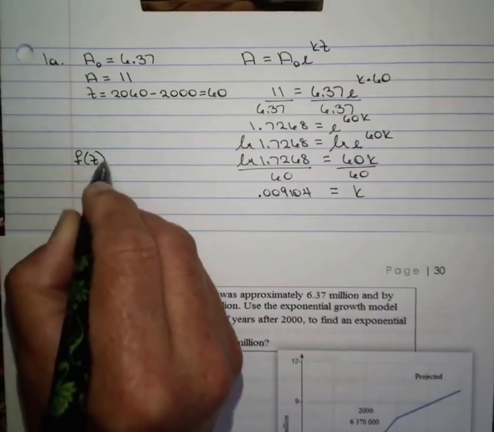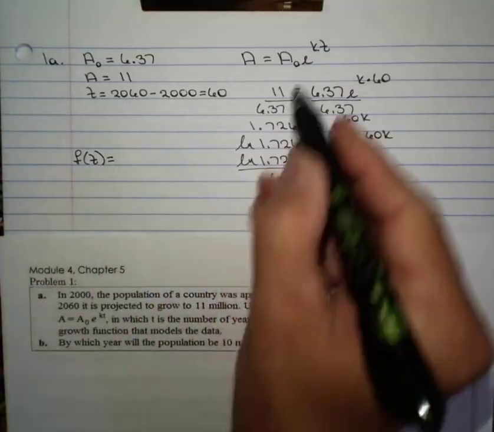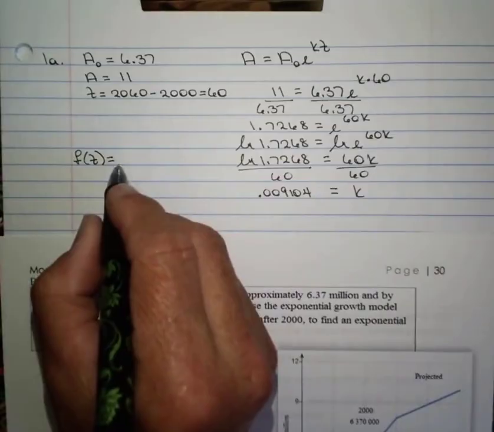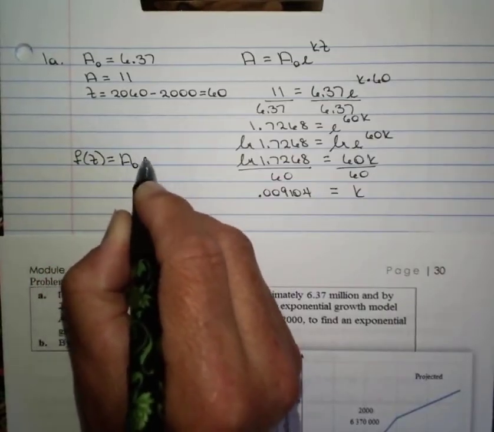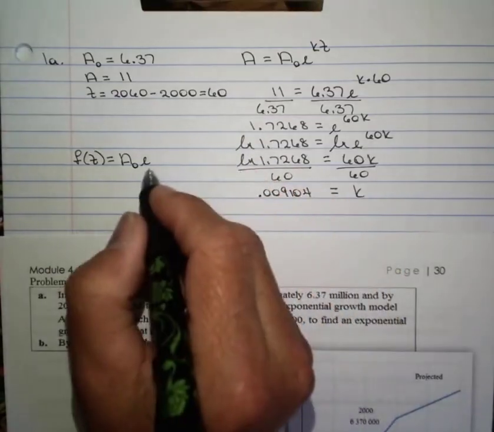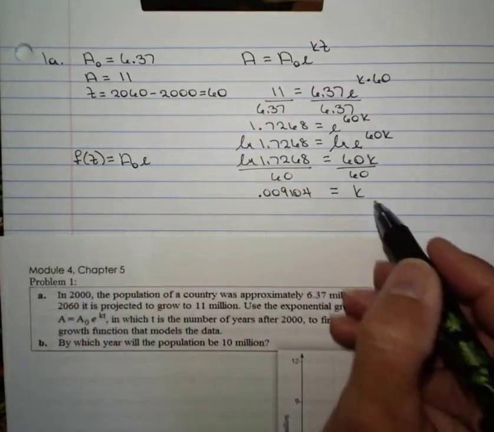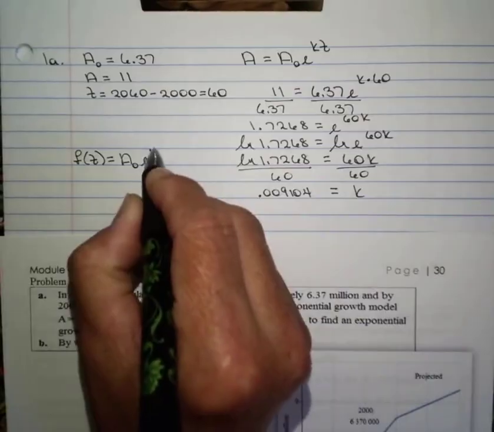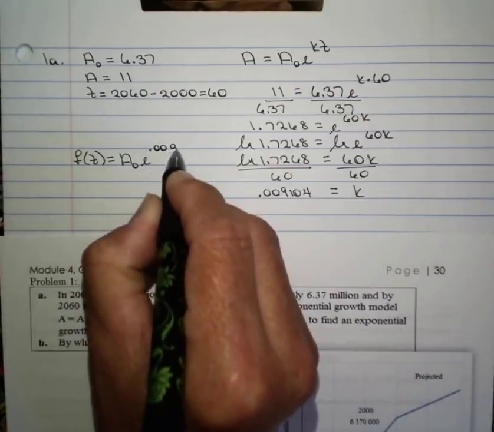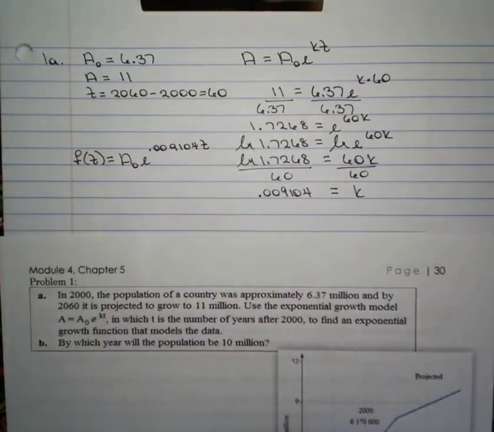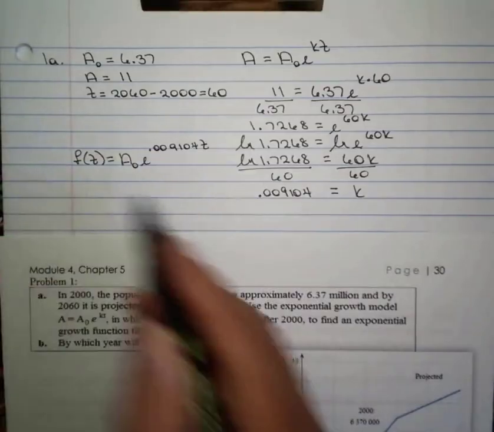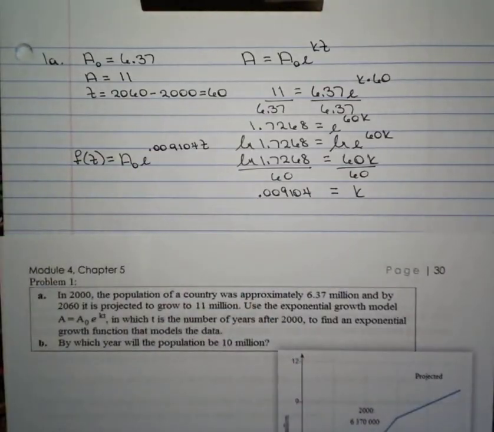So I'll say f of t is equal to a base 0, sorry, z, e times, and I'm going to say my exponent's 0.009104 t, isn't it? And I've written it back in a function that I can use, and this would be the function I would be able to use to answer questions.